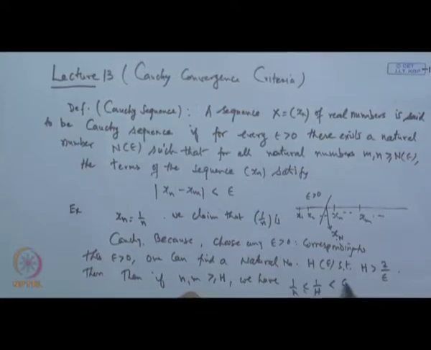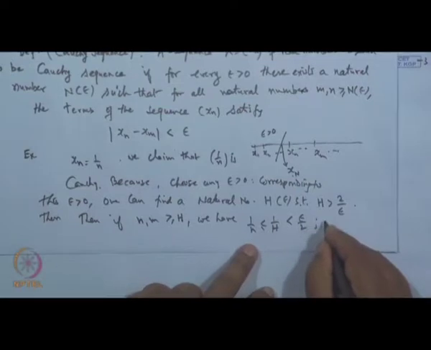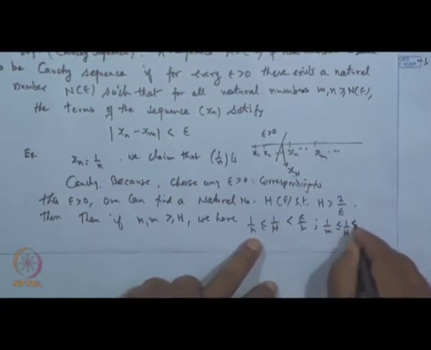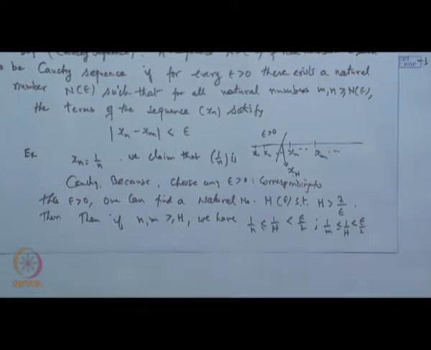So, it is less than epsilon by 2. Similarly, 1 by m is also less than or equal to 1 by h. So, it is strictly less than epsilon by 2. So, these two are less than epsilon.